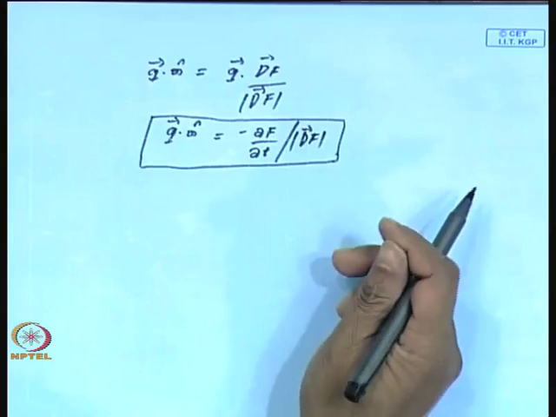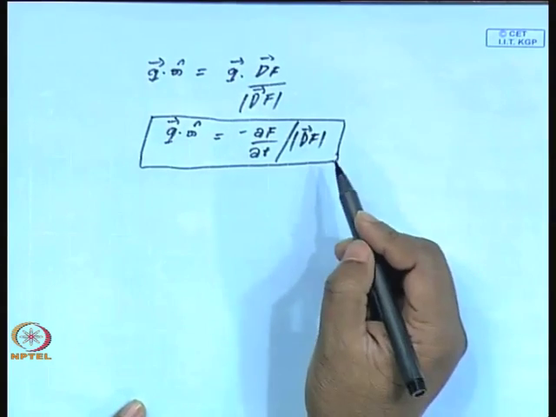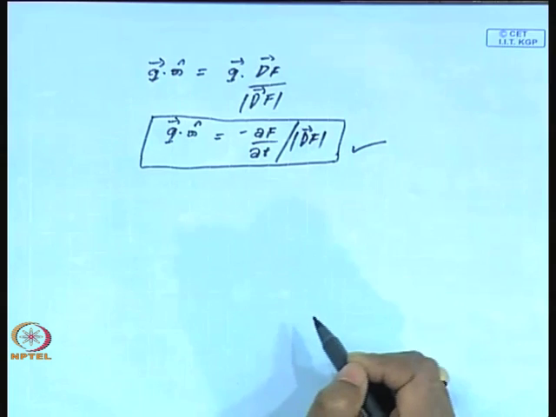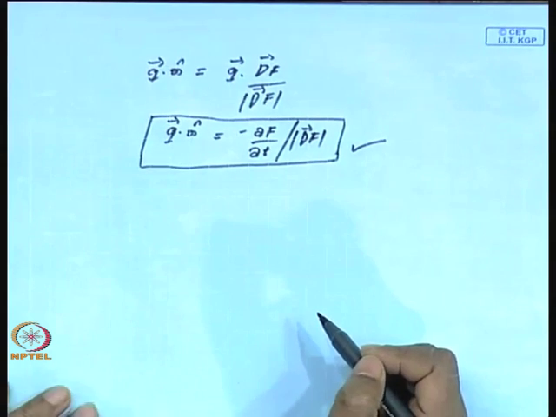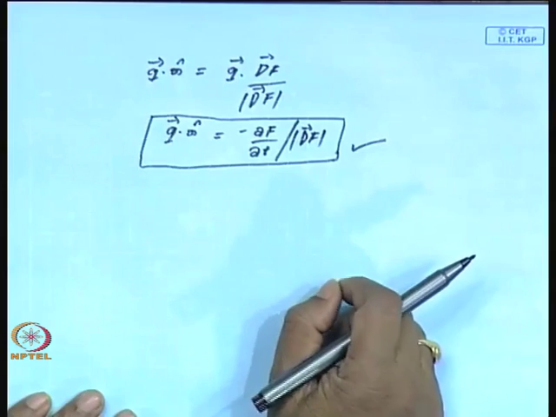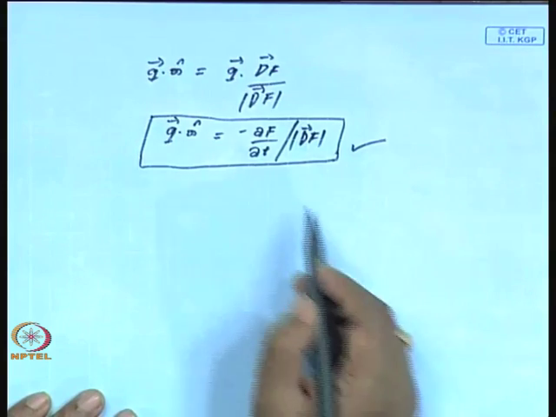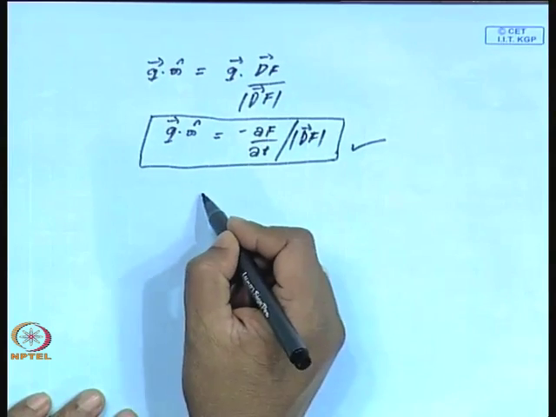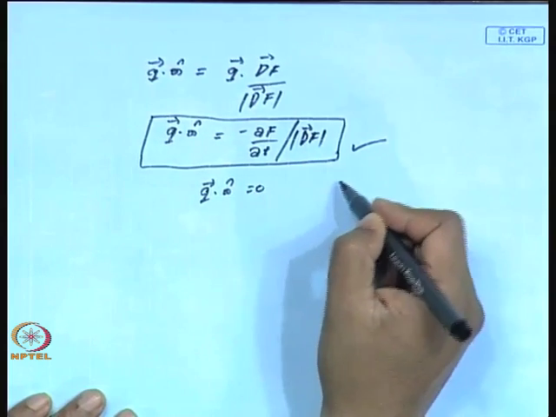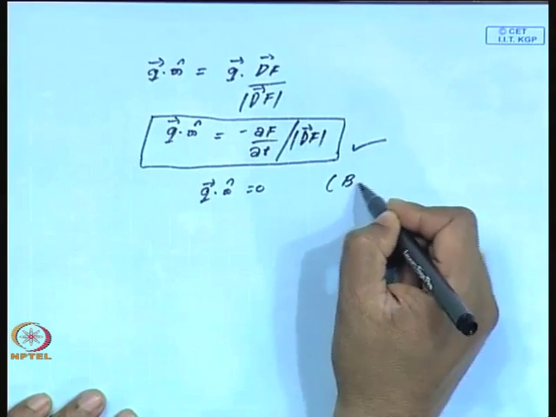So, we have two things: the normal component of velocity on the boundary surface, and we have already shown that q bar dot n hat is 0 if the boundary is fixed.